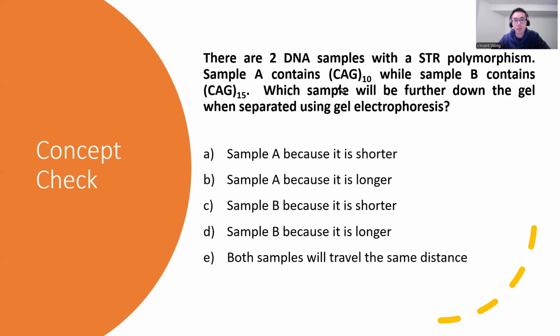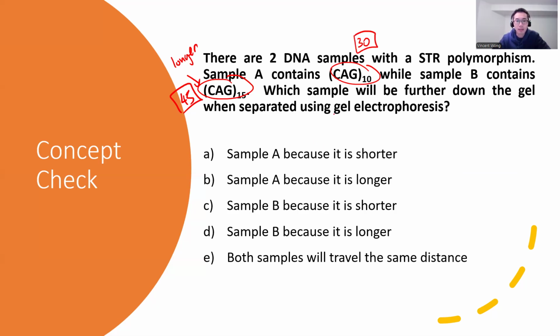In sample A, we have CAG repeated 10 times, and in sample B, we have CAG repeated 15 times, so this one is longer. It's 3 times 15, which is 45 nucleotides long. And this is CAG repeated 10 times, so 3 times 10 is going to be 30 base pairs long.